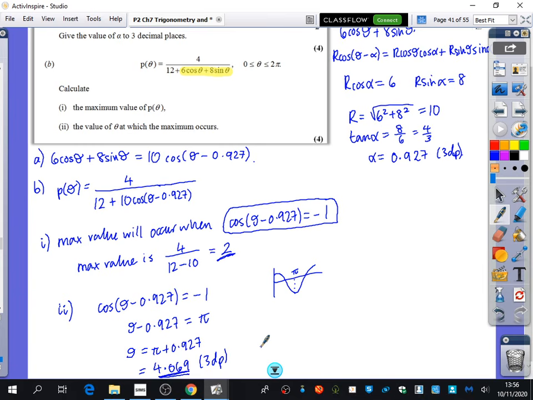And I'm just going to put this on a graph for you on Desmos, so you can see what's actually happened here as well.